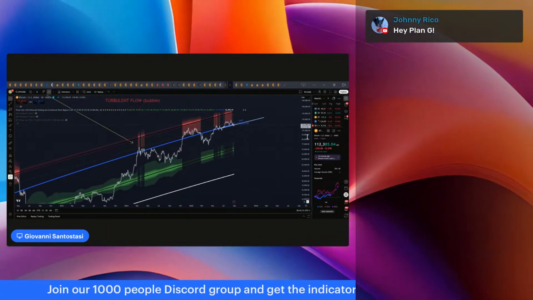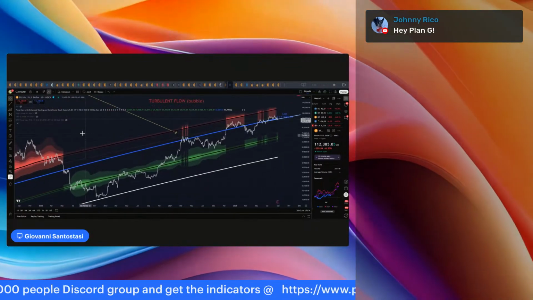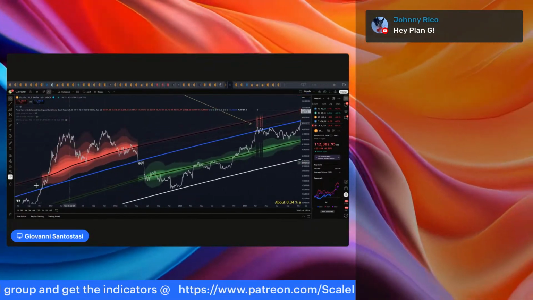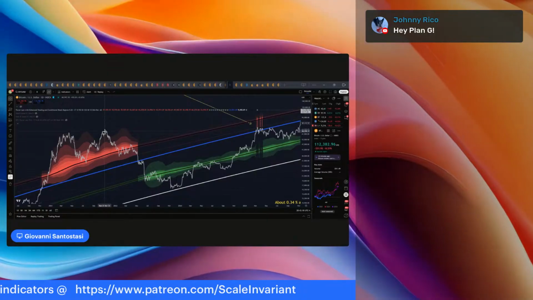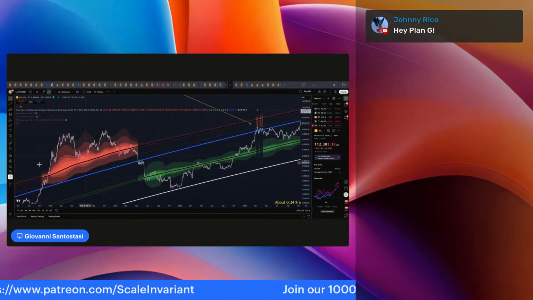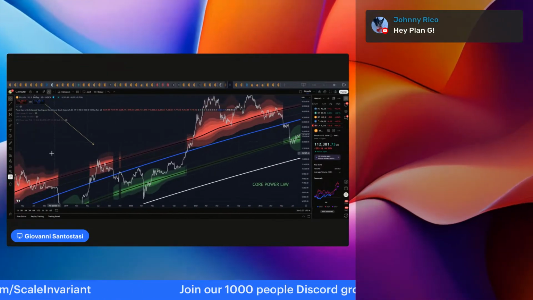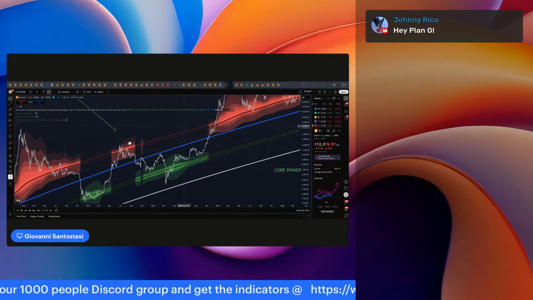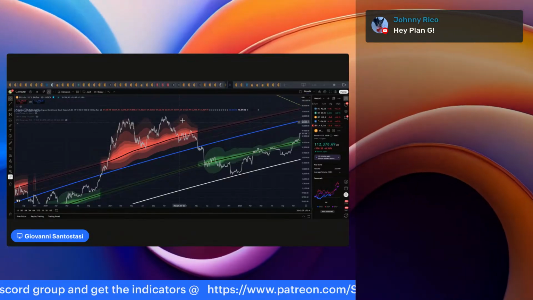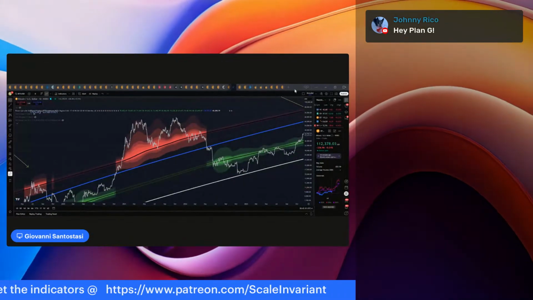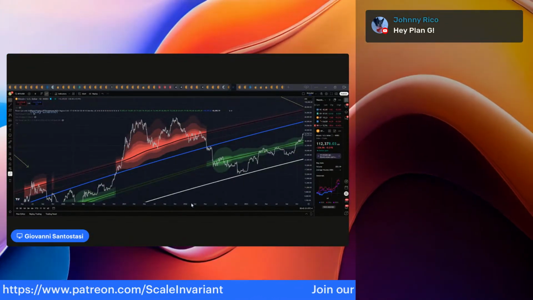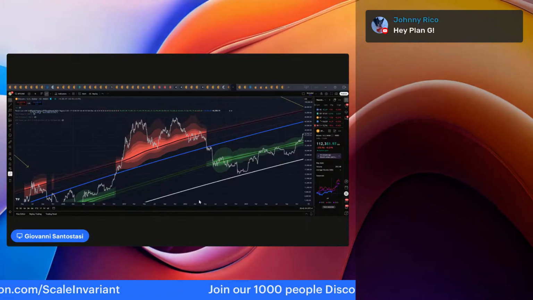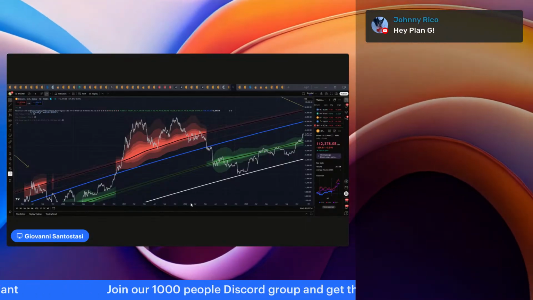Just to give you an example, last bubble, these were much milder peaks than what we had in the past, right? So deviations like 5, for example. We get a lot of background noise.